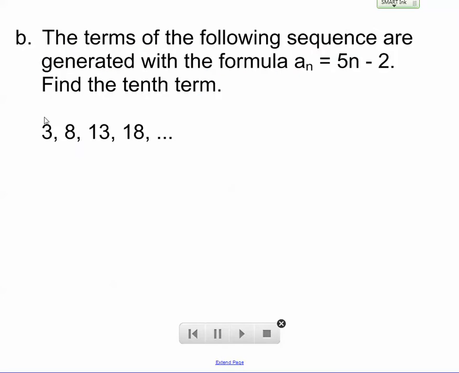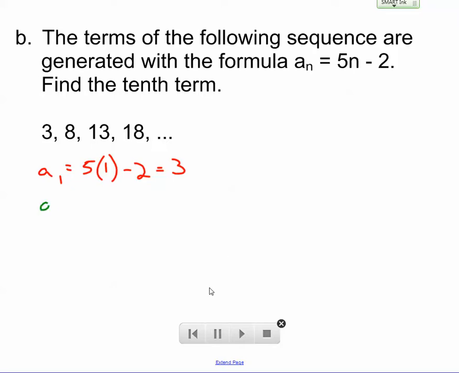Okay, the terms of the following sequence are generated with this formula, and this says the value of the nth term is equal to 5 times the number of the term minus 2. Okay, and find the 10th term. Well, we see here that the first term is 5 times 1 minus 2.